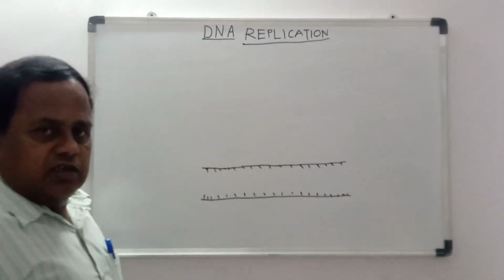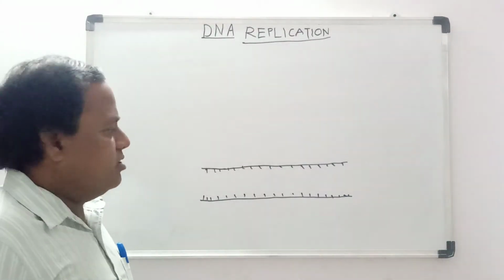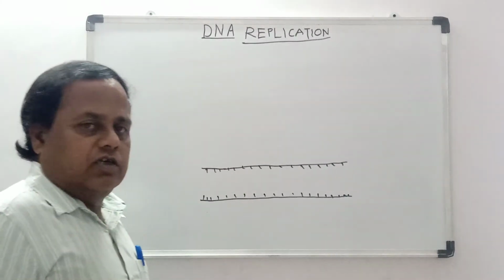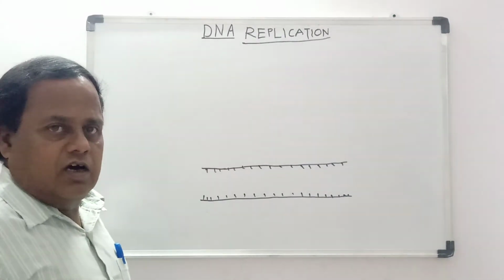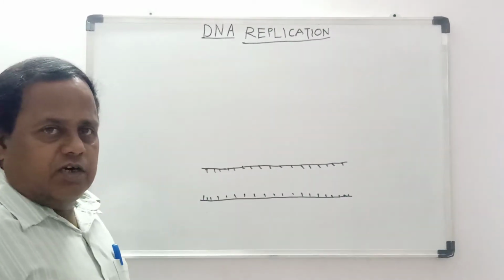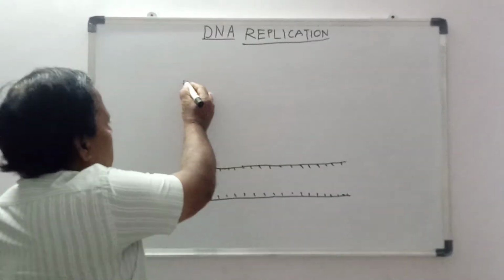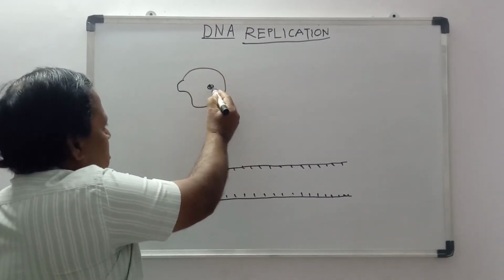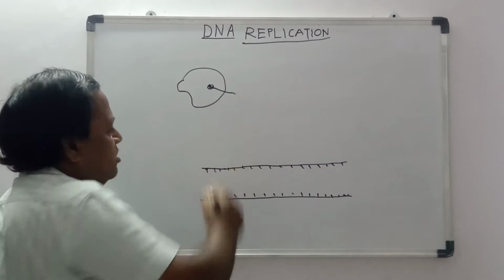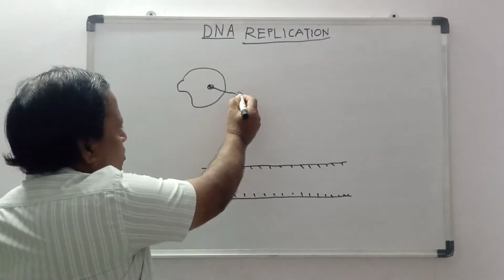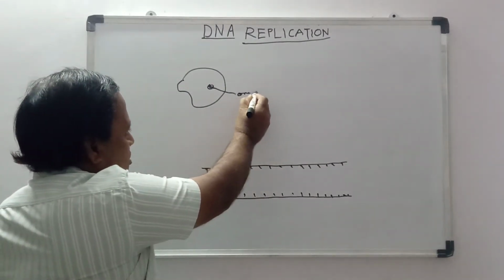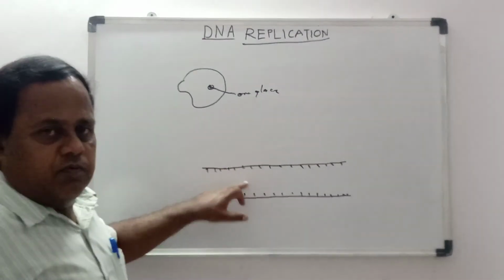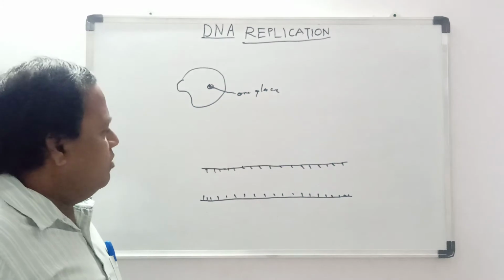Origin of replication is the place from where the DNA replication will start. So in eukaryotes, the origins of replication are at several places, but in bacteria the origin of replication is available at only one place.